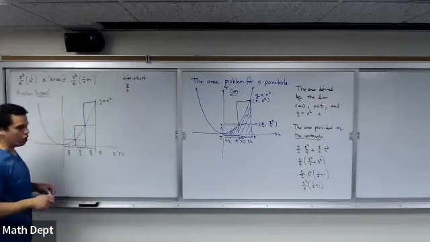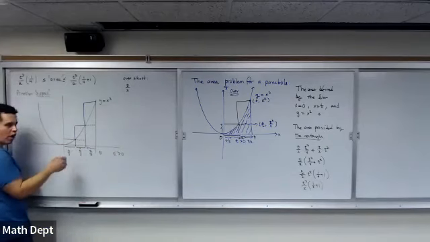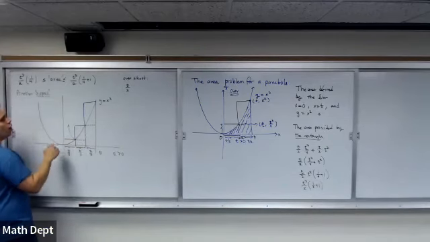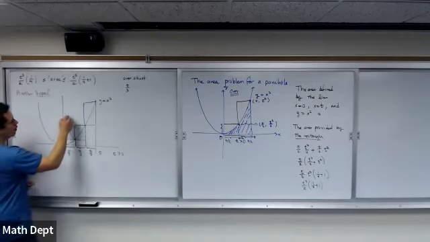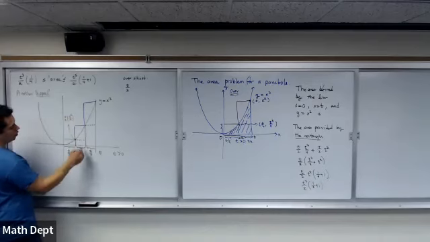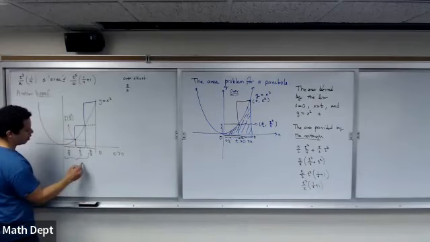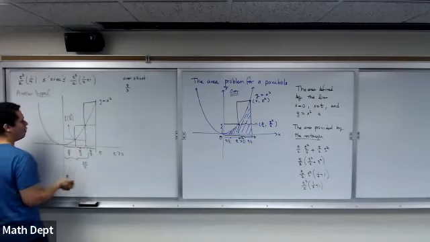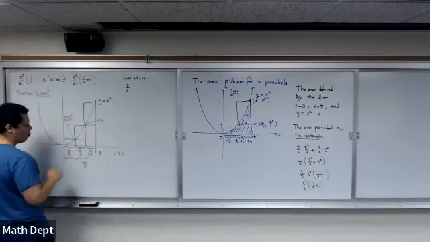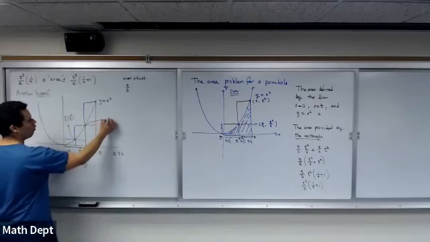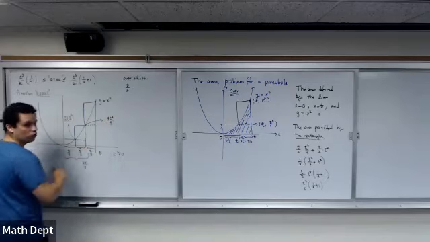Now, let's examine the coordinates of the points, because those are really relevant. For this one, we have t over 3 times the square of that, which is t squared over 9. This one is actually, well, let's look at this. It should be 2t divided by 3. So the second coordinate of this point would be 4t squared over 9.